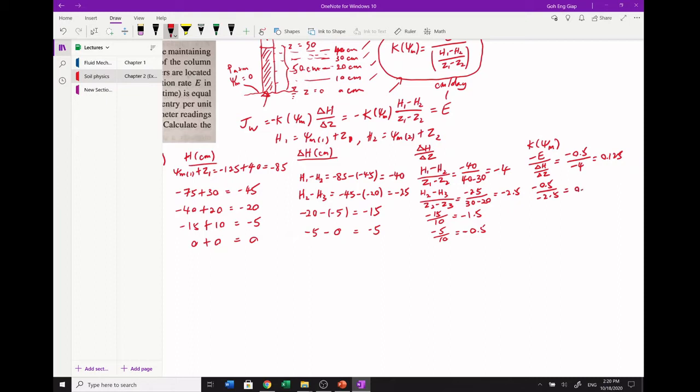You get 0.2. And here is negative 0.5 divided by negative 1.5, and you get 0.33. Alright, and here is negative 0.5 divided by negative 0.5, so you get 1.